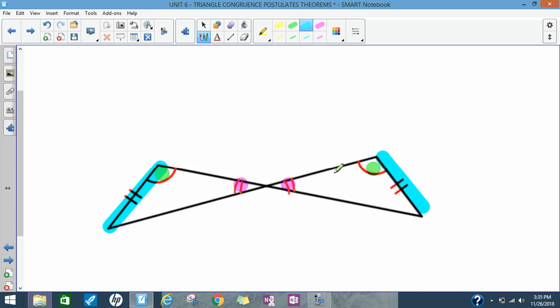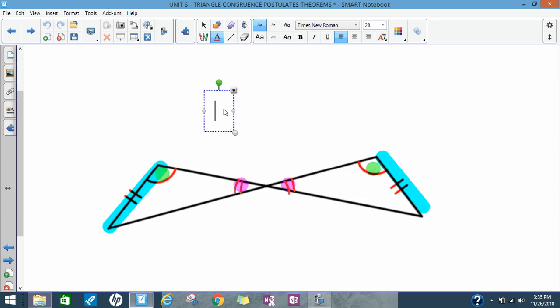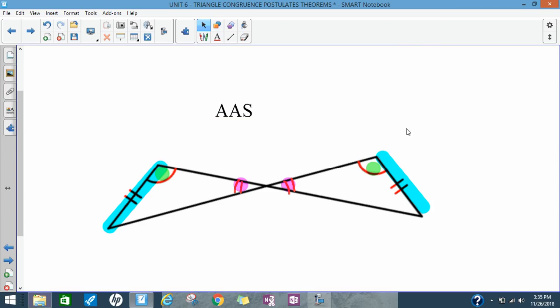And those sides are not between the angles that I'm using. So this side is not between the purple and the green dot. This side's not between the purple and the green dot. So we call that angle side theorem. So these two triangles are congruent by the angle side theorem.